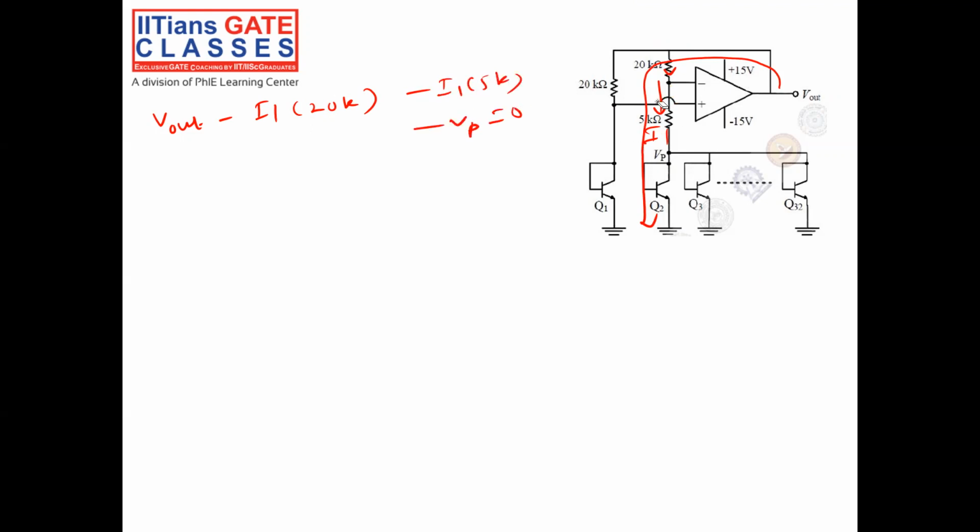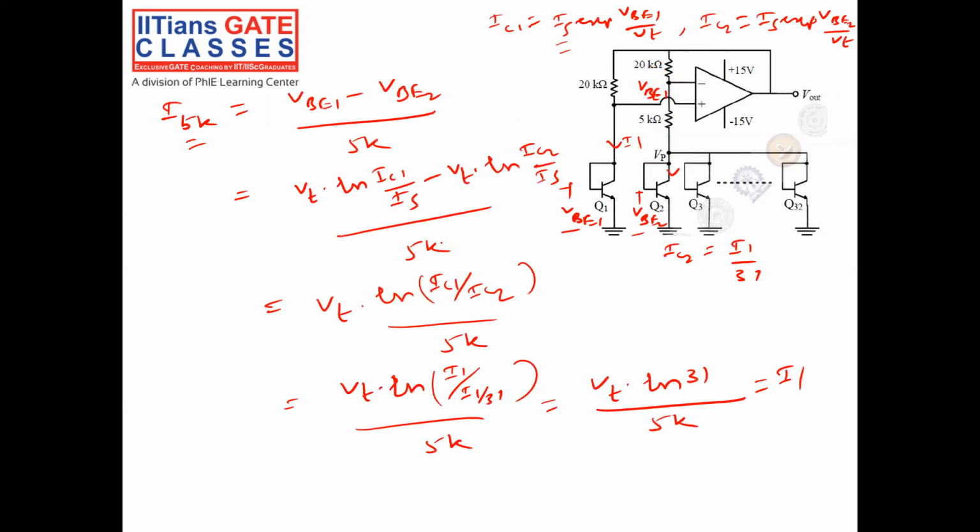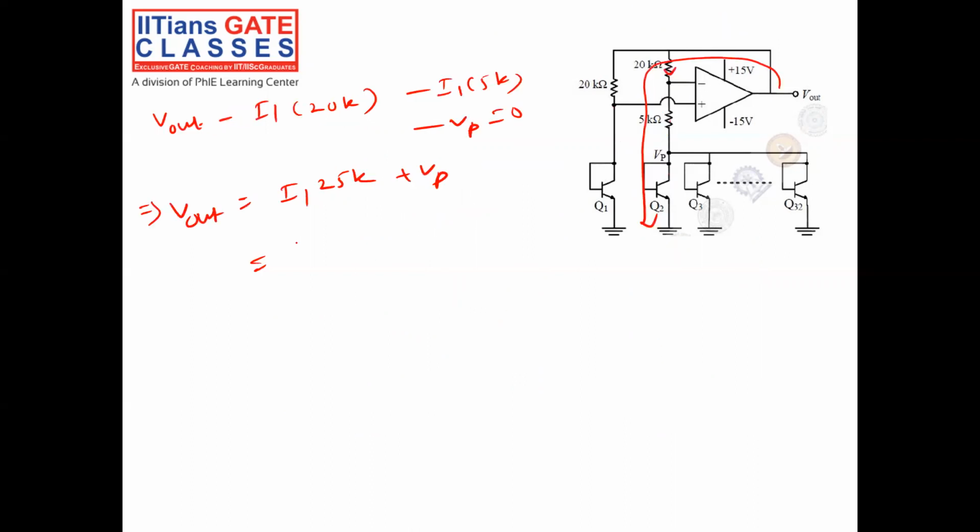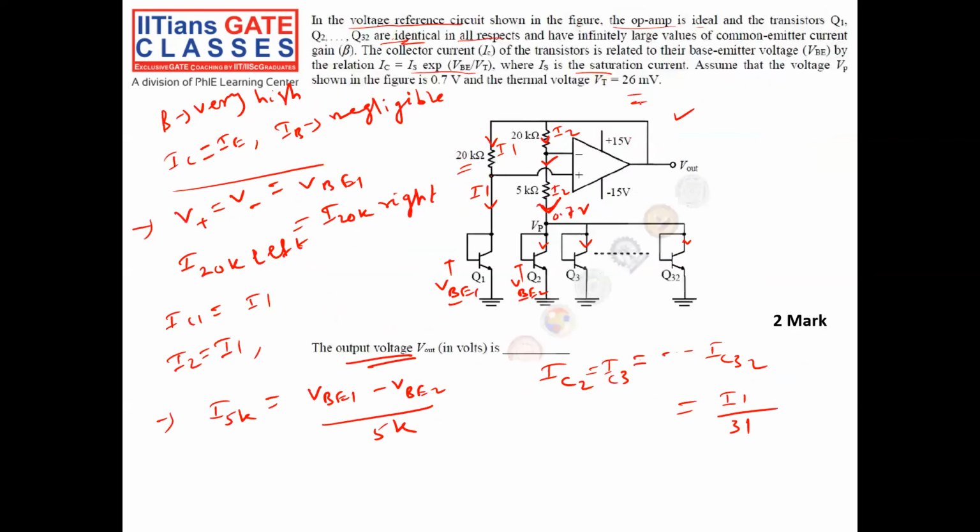Simplifying, V out is equal to I1 into 20K plus 5K, which is 25K, plus Vp. What is I1? I1 is given as VT ln 31 by 5K. So it is equal to VT ln 31 by 5K into 25K plus Vp.